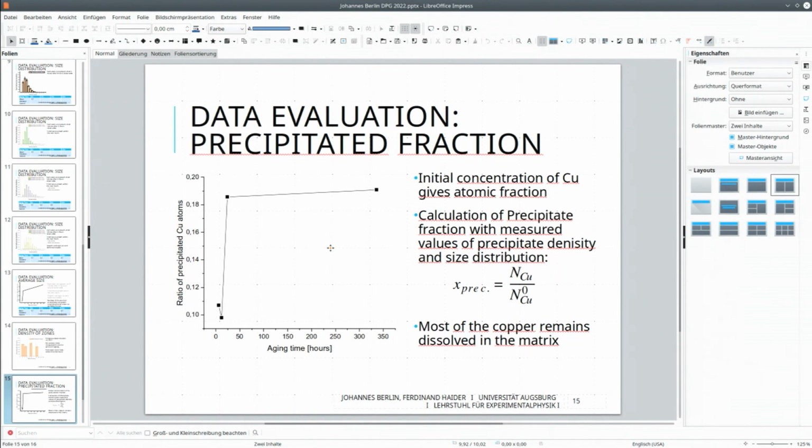On the other side, some years ago we had a request from a company in Augsburg from aerospace. They had some aluminum copper alloys, aluminum copper lithium alloys, that they stored for 10 years or so, and they wanted to know whether this would change the microstructure.